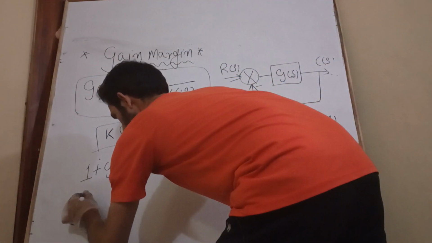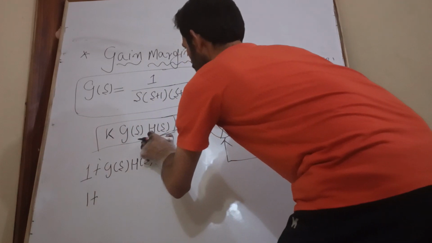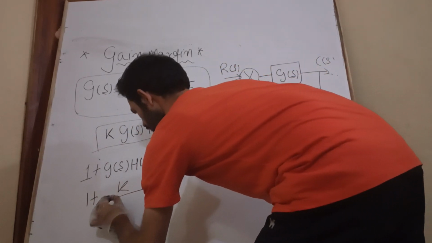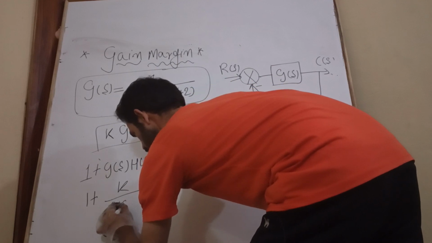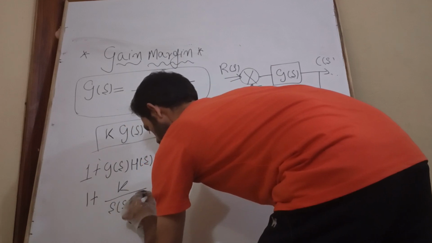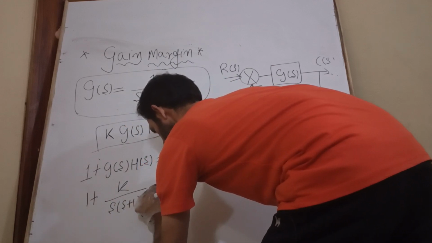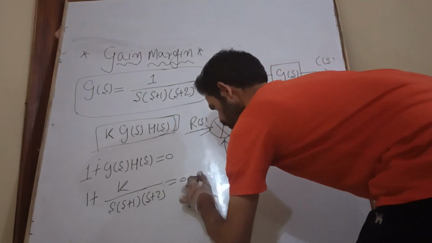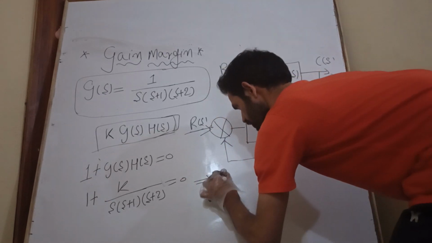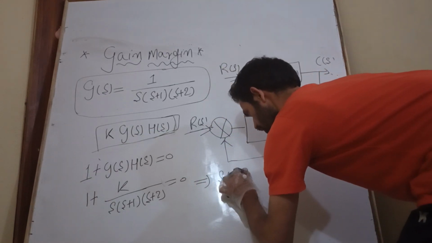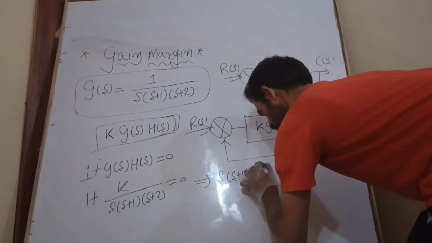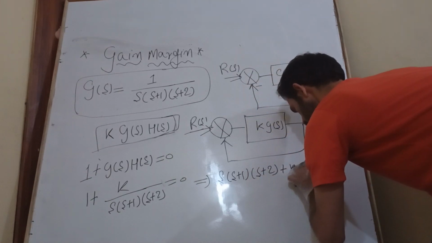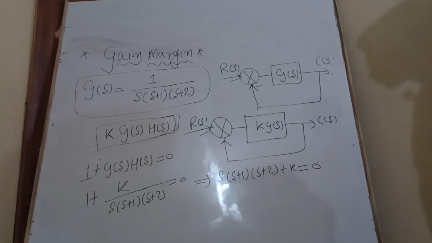Now see here, 1 plus k divided by s into (s plus 1) into (s plus 2) is equal to 0, which implies s(s plus 1)(s plus 2) plus k is equal to 0.